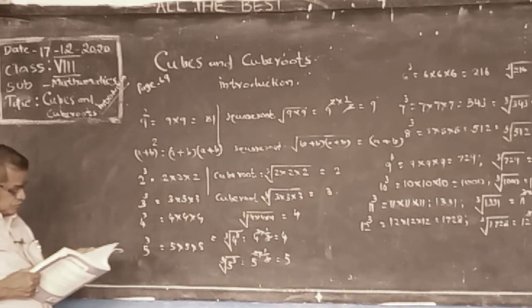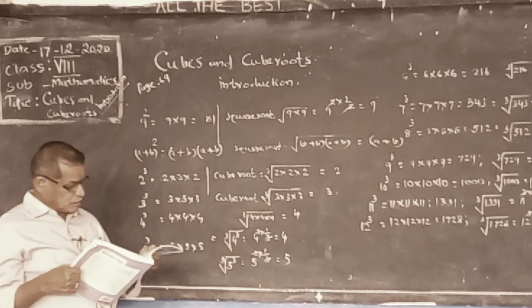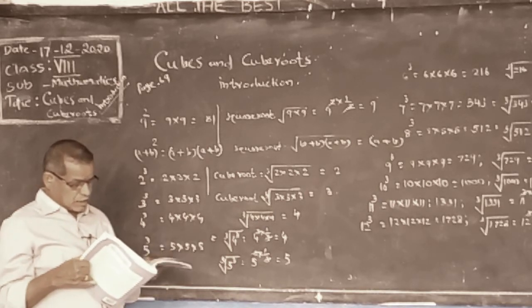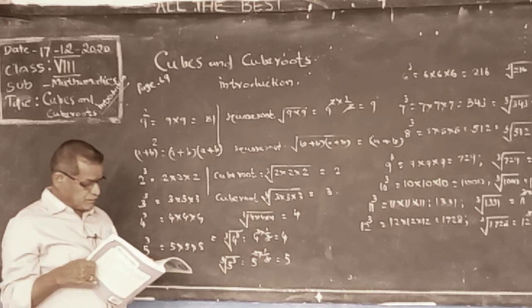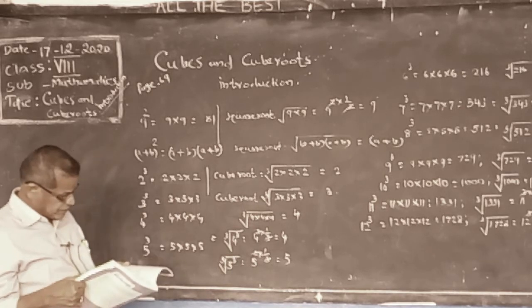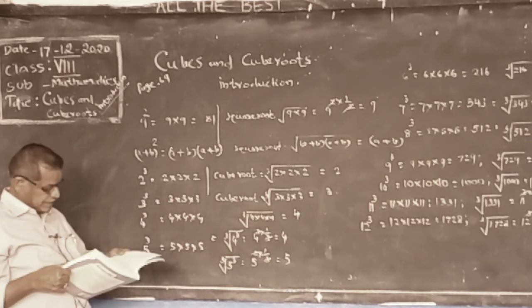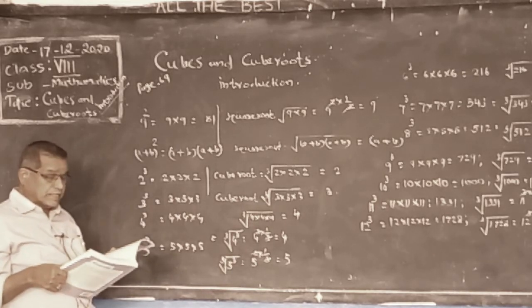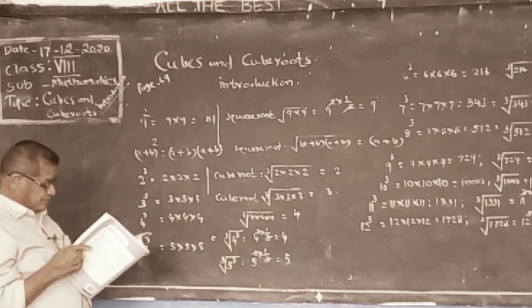Cubes of all odd numbers are odd, cubes of all even numbers are even. The cube of a negative integer is always negative. So like this we have properties.